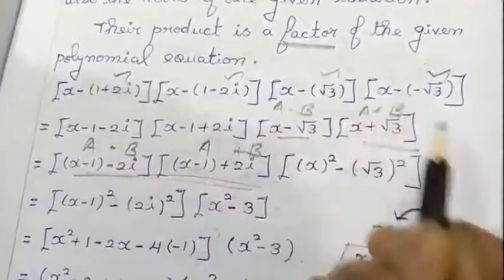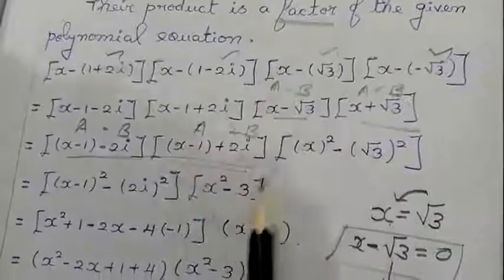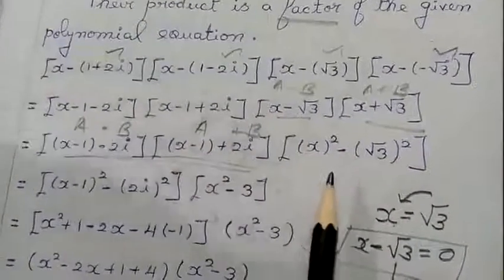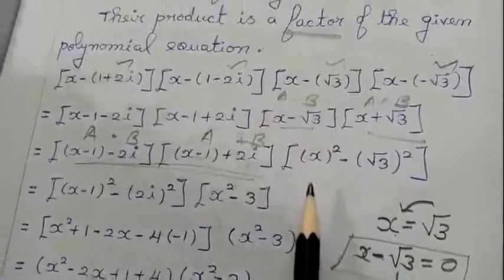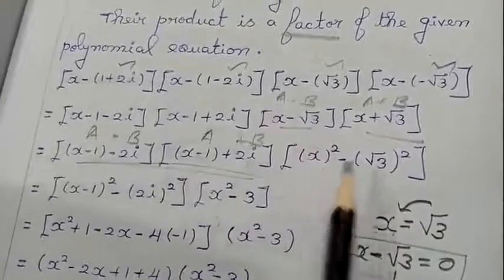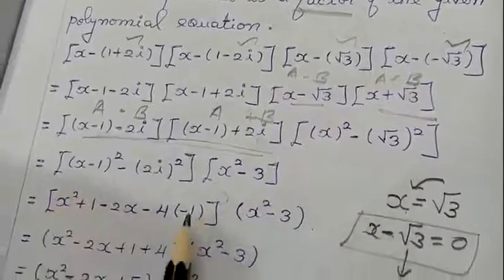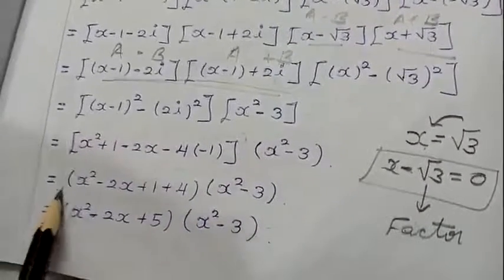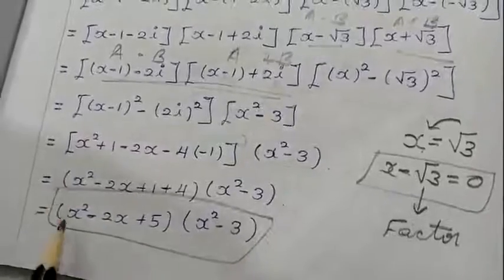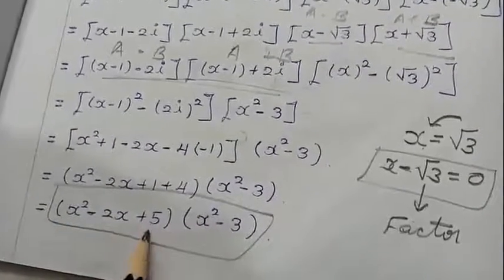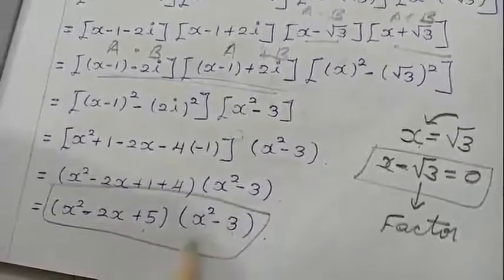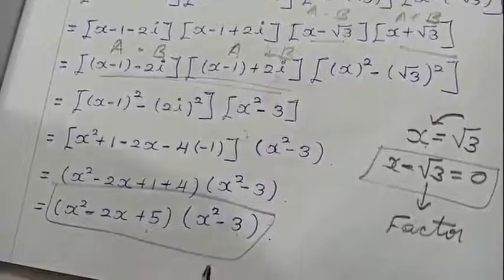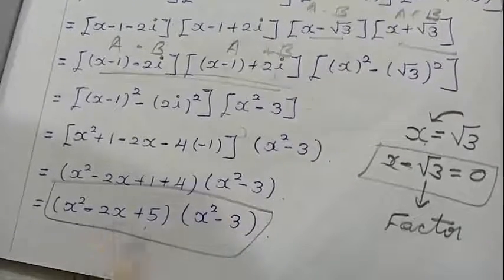If you see the calculation, you will understand, and you have to go through it slowly, because this is the only sum we have in the form of x to the power 6, that is the highest degree 6 equation. You are going to simplify the term. I am not multiplying the term. I am going to get two equations in this way, that is x square minus 2x plus 5 into x square minus 3. I am not going to multiply. To get the remaining 4 roots, I am going to keep it in this combination.